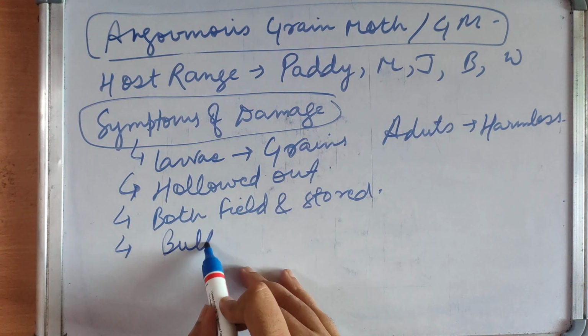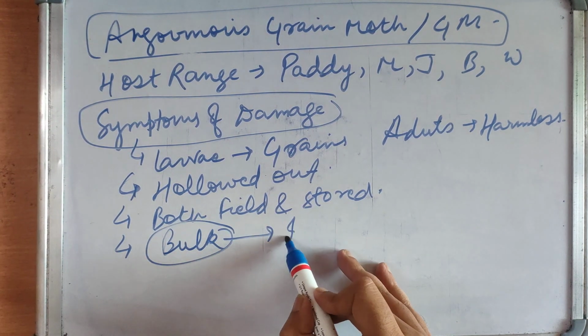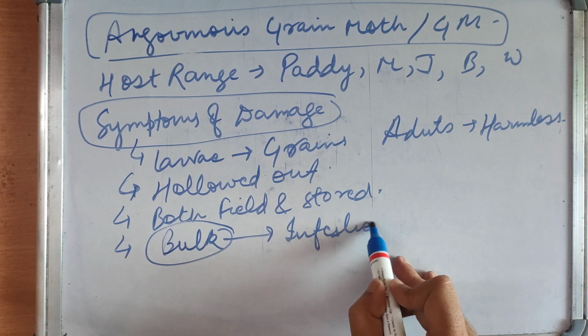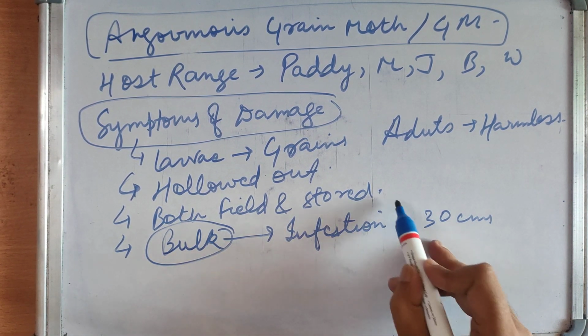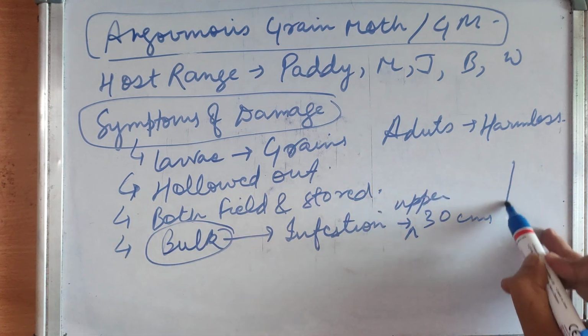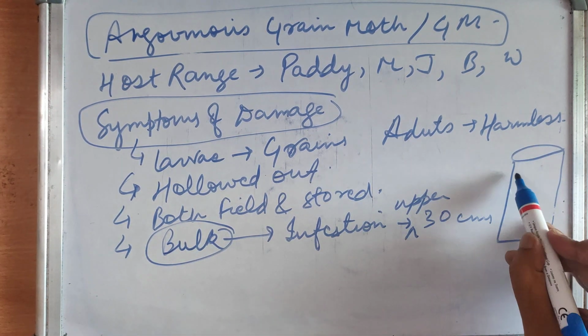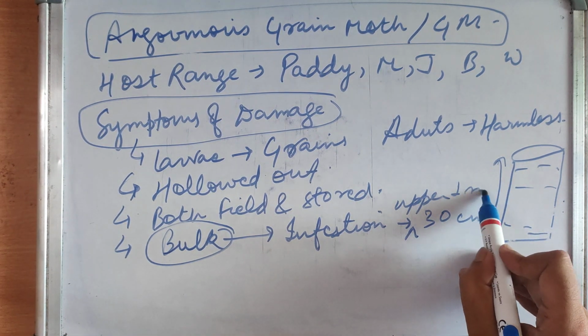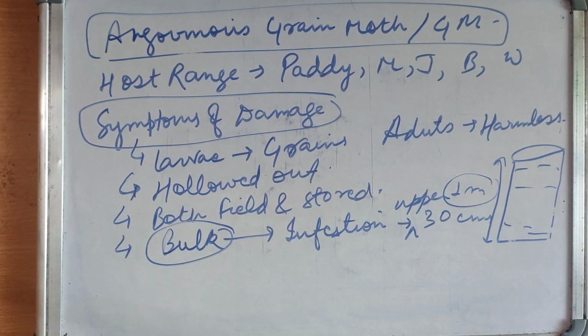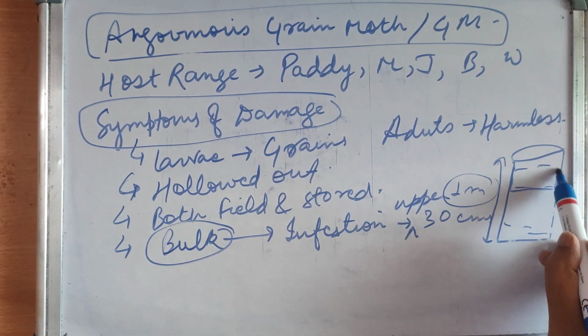When the grains are stored in bulk, the infestation remains in the upper 30 centimeters only. Suppose you have stored the grain in a 1 meter long storage structure, a storage bin. The infestation you will see in the upper area only.